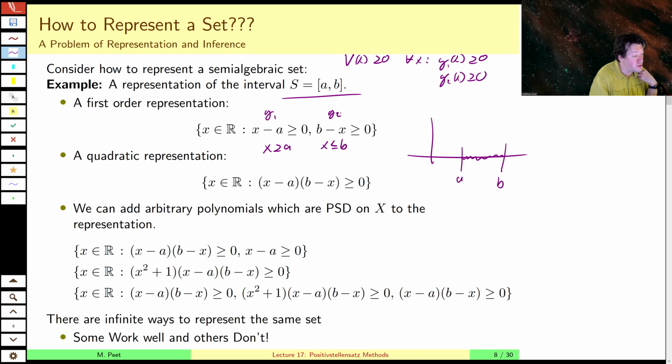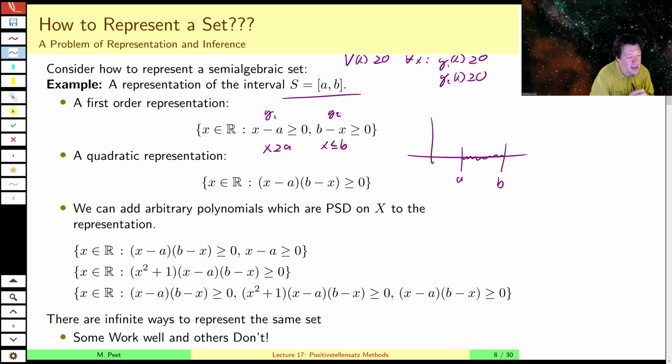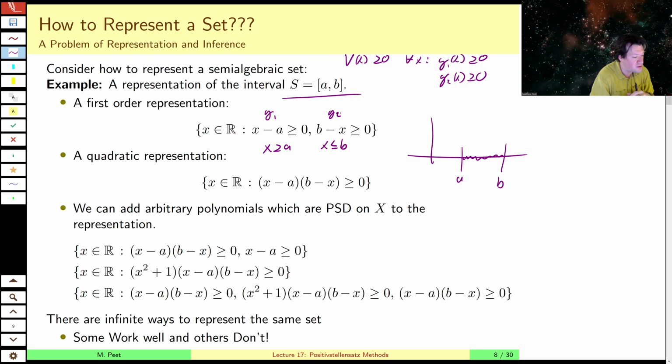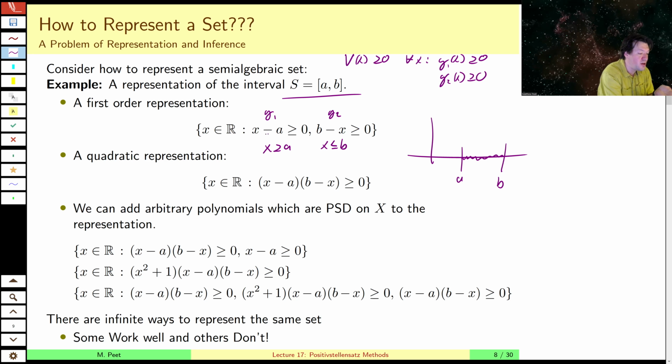However, it's not the only representation, obviously. And let's think about how we can change the representation without changing the set. So for example, we could multiply these two terms together. So we could have x greater than or equal to a, x less than or equal to b, and we could take the product of those two.